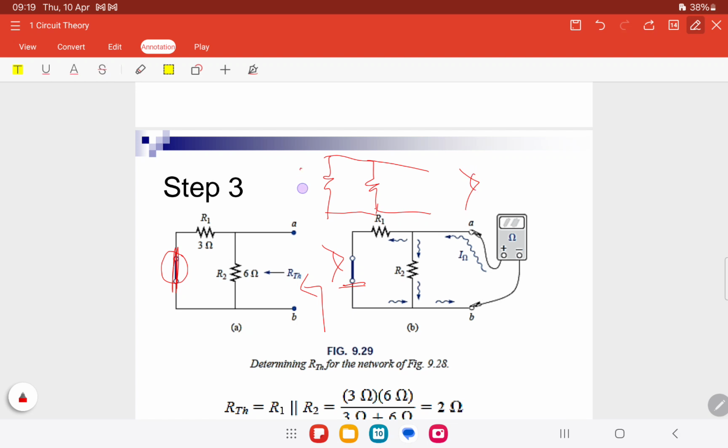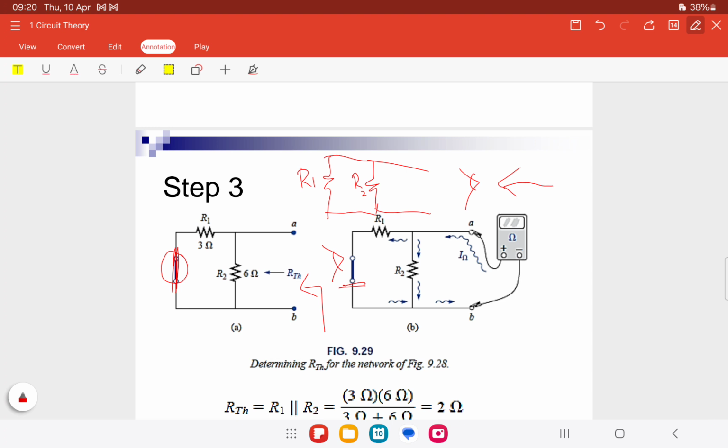Dia consider as R1 dengan R2 ni. Memanglah R1 and R2 is R total. Tapi series ke parallel? Parallel. Sorry, saya lupa nak mention tadi. Kita pandang from the node. Okay, when we look from the node, dia consider as parallel.